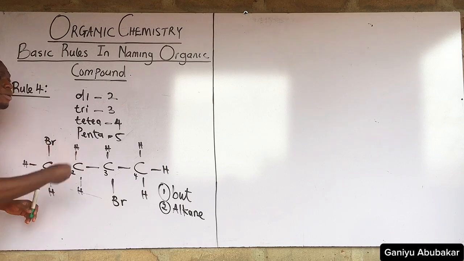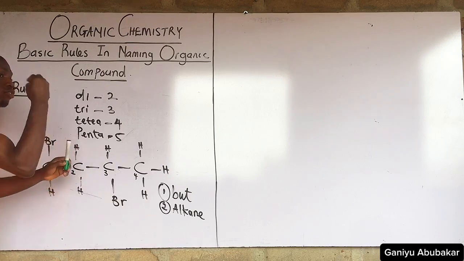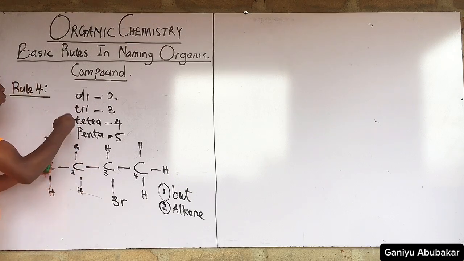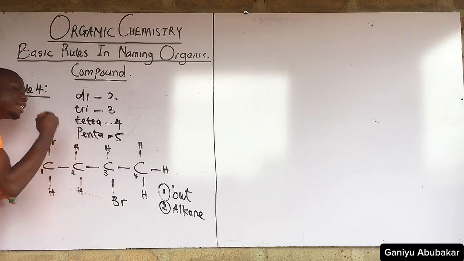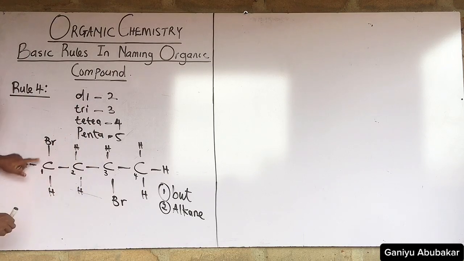Since I'm going with the upper numbering, how do you name it? We said you name the substituent first before the compound, and show the position of the substituent. So this bromine here is on carbon 1, this bromine here is on carbon 3.